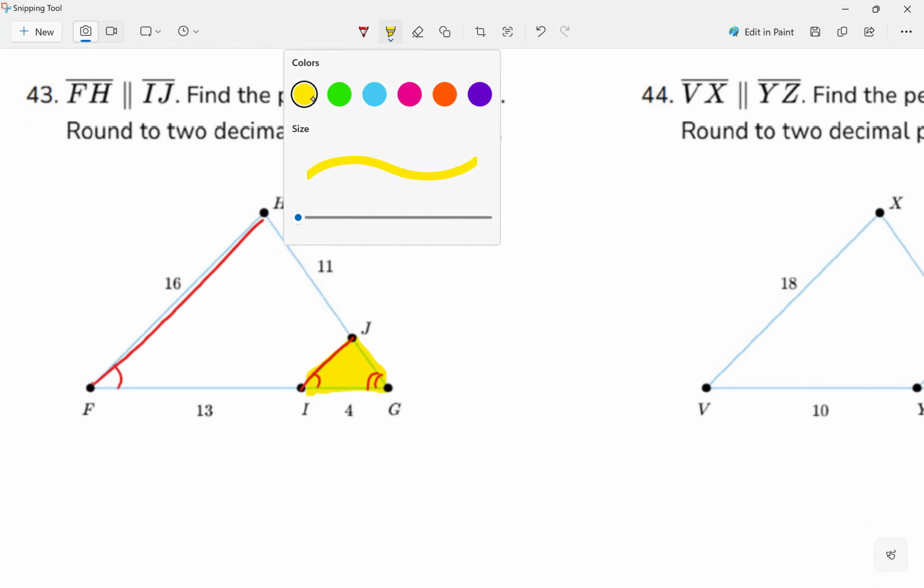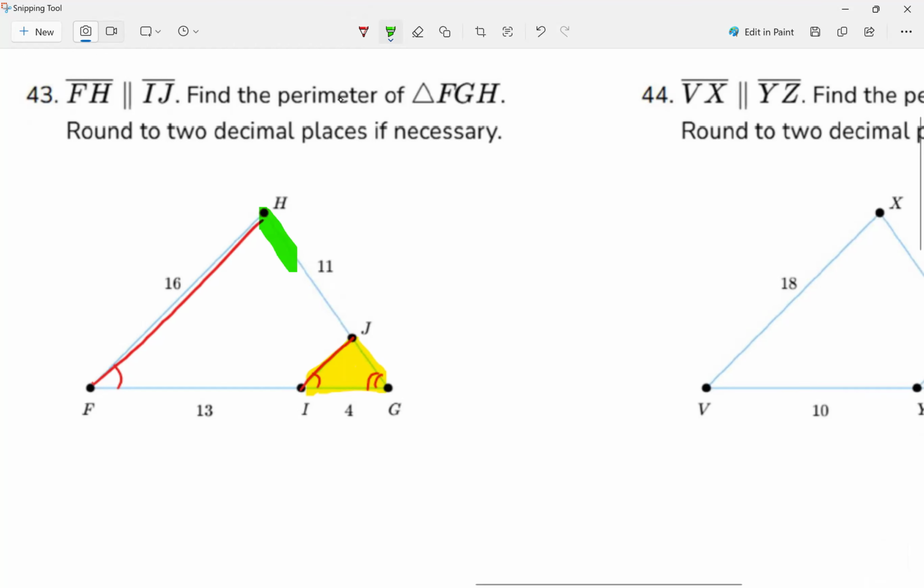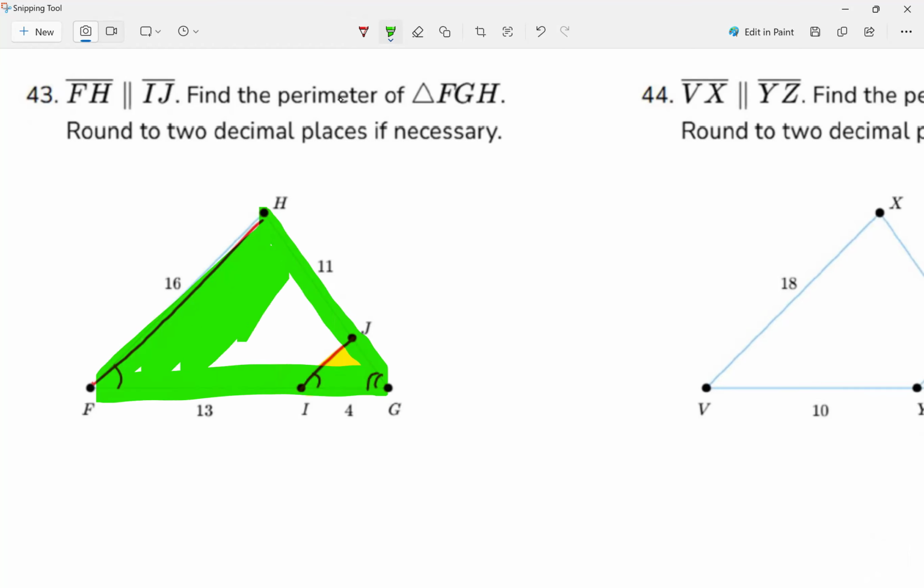This triangle is similar to this triangle. Okay, so you guys might be wondering, well, why do I need that? Why do I need that to find the perimeter of this triangle? Could I just be adding the sides? Yeah, we could if we knew them.